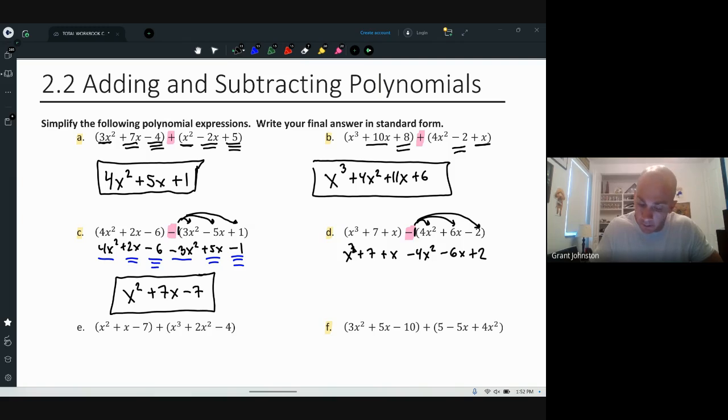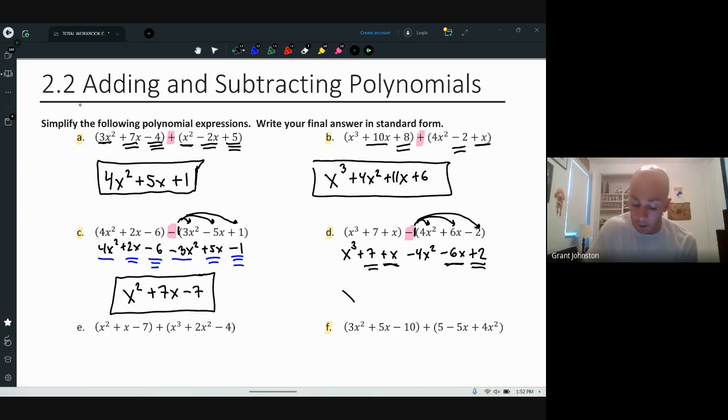Whoops, that's messy. Let me just rewrite that. What combines here? I see an x to the third, but there are no other ones. I also see a -4x squared, but there are no other ones. But this x will combine with the -6x, and the +7 will combine with the +2.